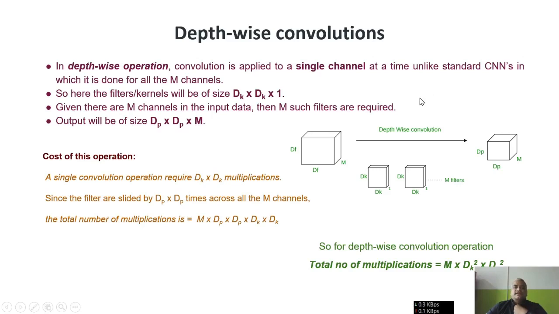So here the filter kernel will be of size DK cross DK cross 1, as we discussed. Given that there are M channels in the input data, M such filters are required.